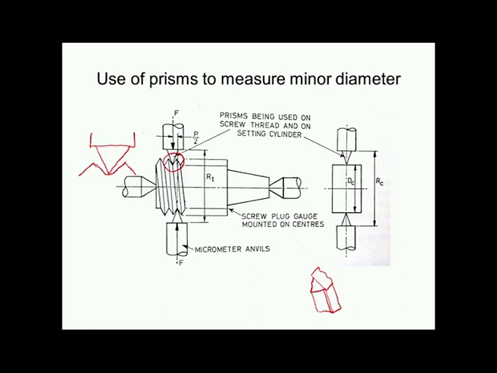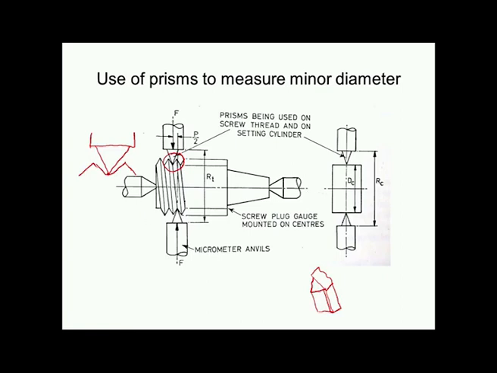So, the sloping surface of the prism will not make any contact with the flank of the screw thread. The contact will be there only at the root. Now, using these prisms, we can conveniently measure the minor diameter of external screw threads.